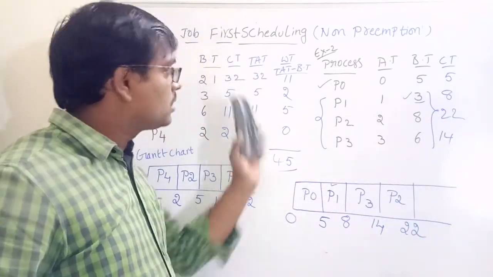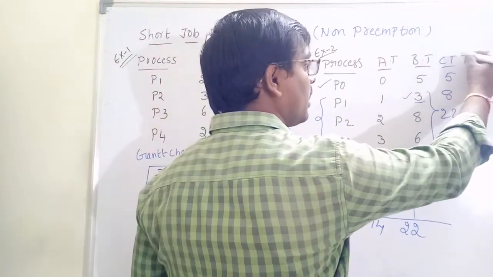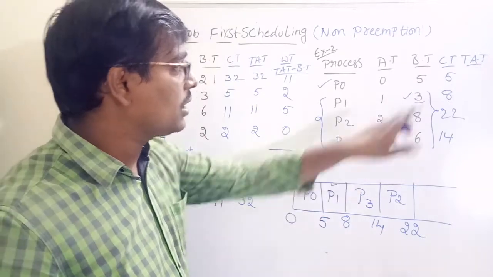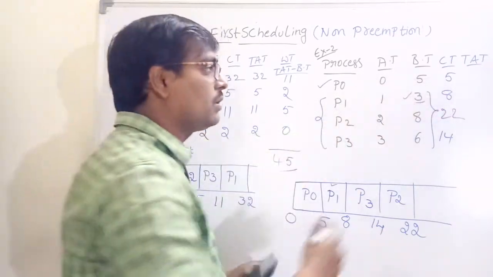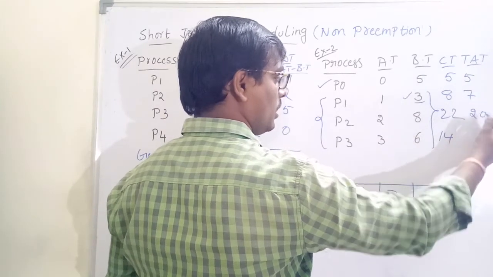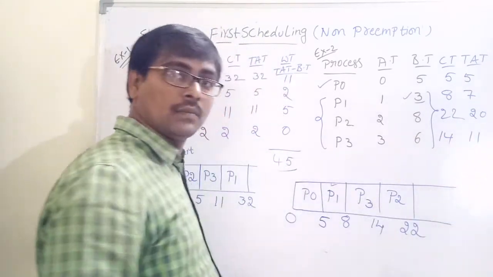Based on this, by the same procedure, we can calculate the turnaround time. What is the turnaround time? Completion time minus arrival time. So 5, 7, 20, 11.